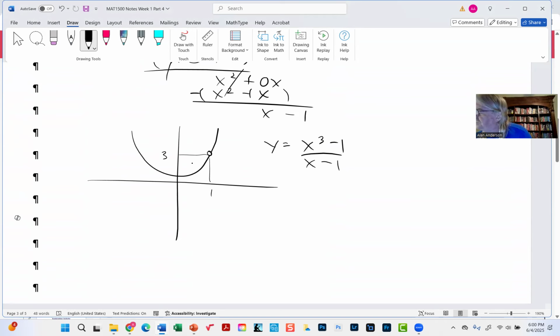Let's say x is getting closer to 1, and we're approaching from the smaller values.